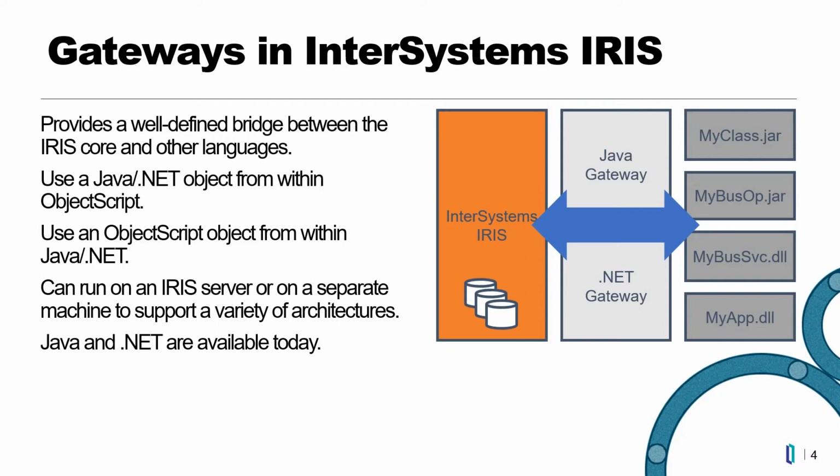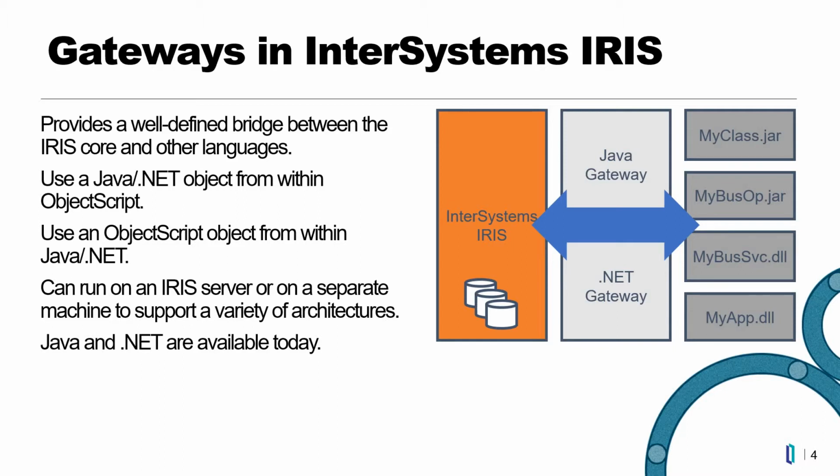Gateways provide a variety of deployment architectures. You can deploy them alongside InterSystems IRIS, on a separate machine, in the cloud or in a Docker container. Java and .NET gateways are available today.